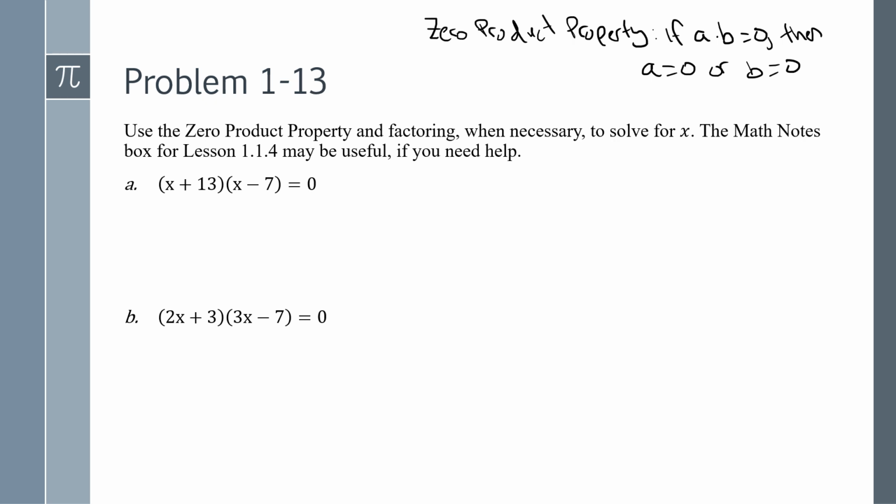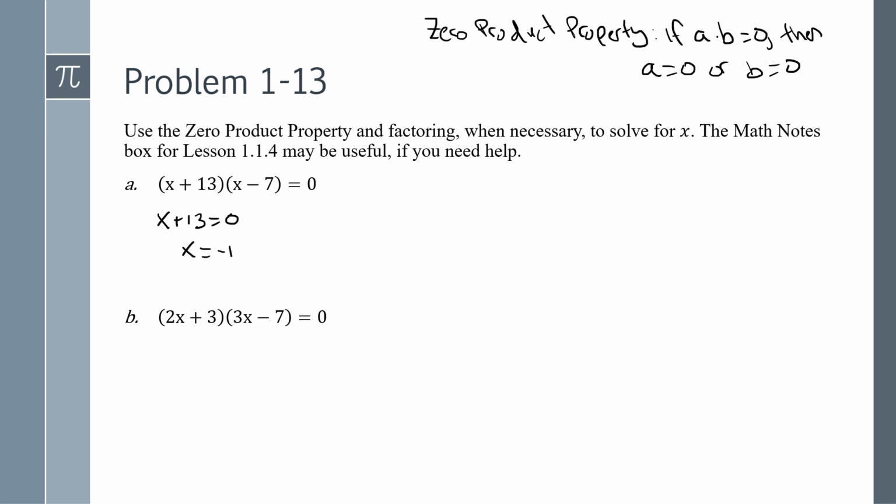These two equations are in their factored form because you have a polynomial times another polynomial. That's called factored form. So all we're going to do is take the first factor, x plus 13, and set that equal to 0. Whatever makes that equal 0 will be one of the values of x that makes this whole thing 0. So we're going to subtract 13.